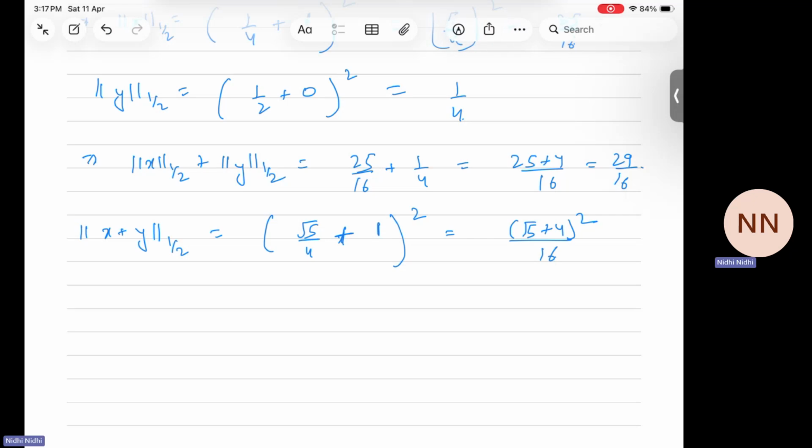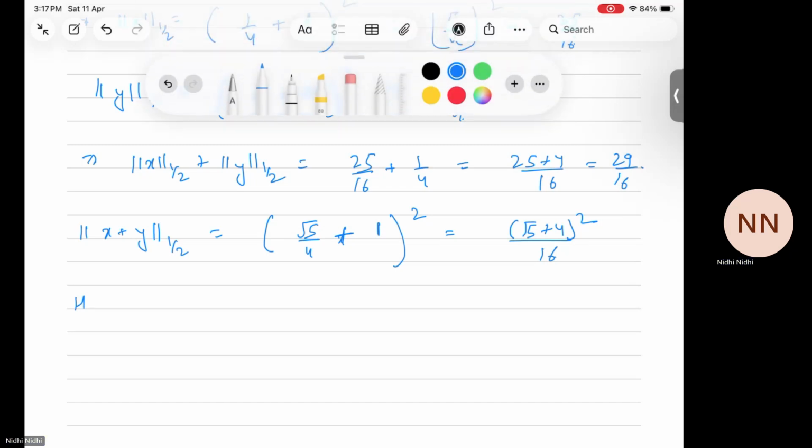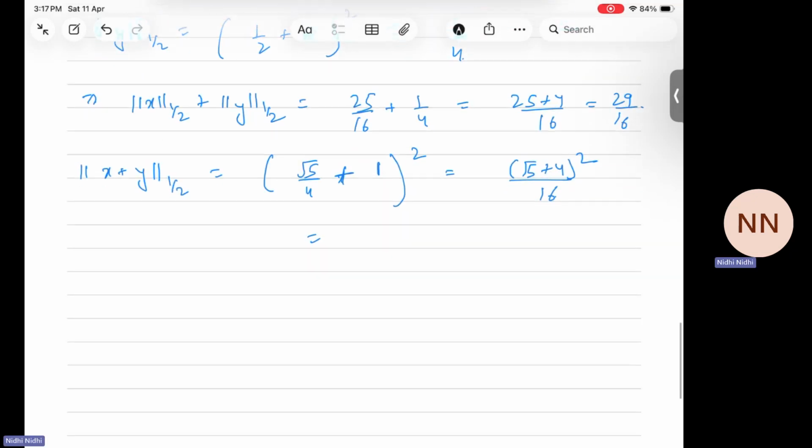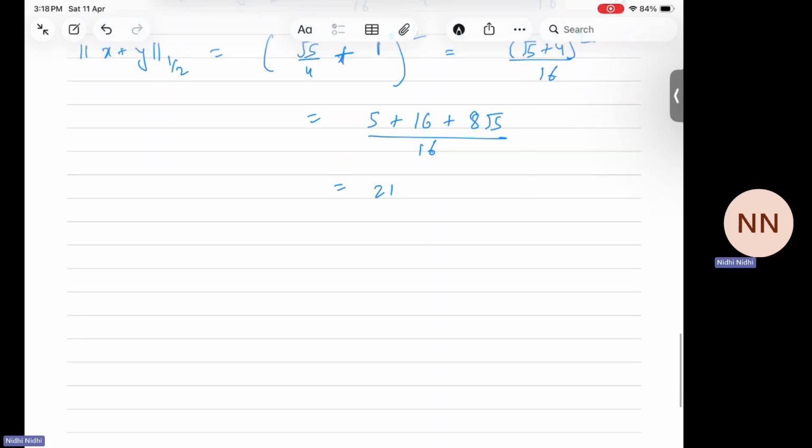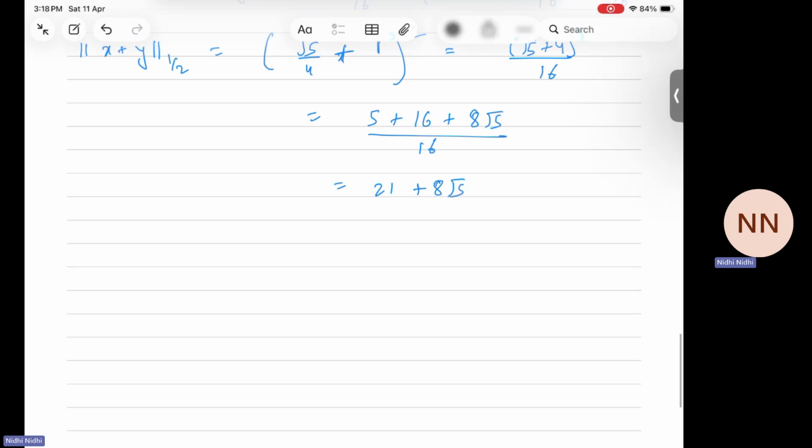So let us see which one is bigger. In fact, I can write it using the property (a plus b) whole square. So this will be (5 plus 16 plus 8 root 5) by 16, so that will be (21 plus 8 root 5) by 16.